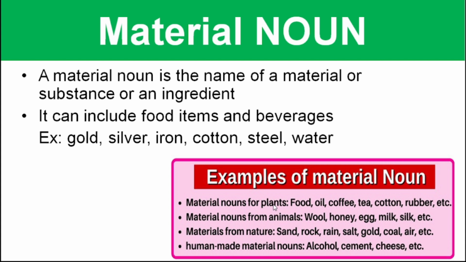For plants: food, oil, coffee, tea, cotton, rubber, etc. Material nouns from animals: wool, honey, egg, milk, silk, etc. Materials from nature: sand, rock, rain, salt, gold, coal, air, etc. What are the materials made by human beings? They are alcohol, cement, cheese. So these are the examples.